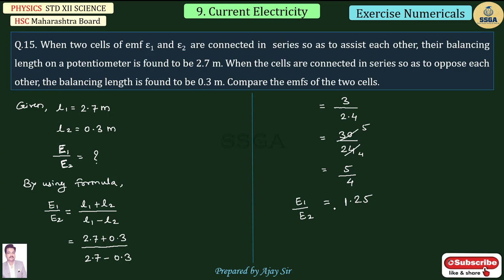This is the ratio, or the comparison of two EMFs. Therefore the ratio of EMFs of two cells is 1.25. So this is the answer.